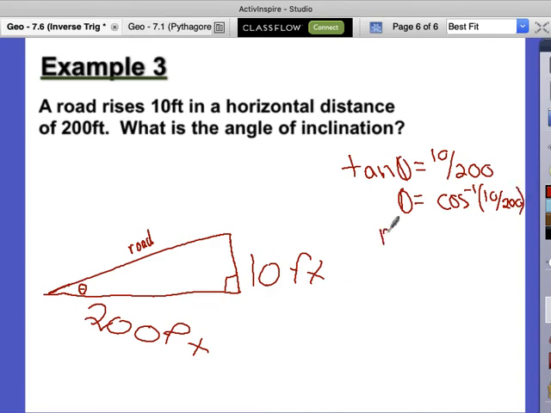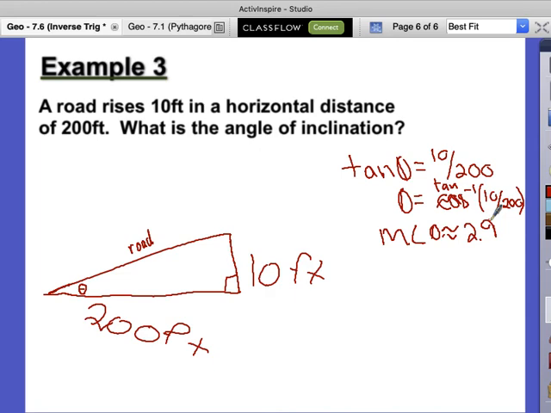Okay, so we end up getting 2.9 degrees as our approximate answer.